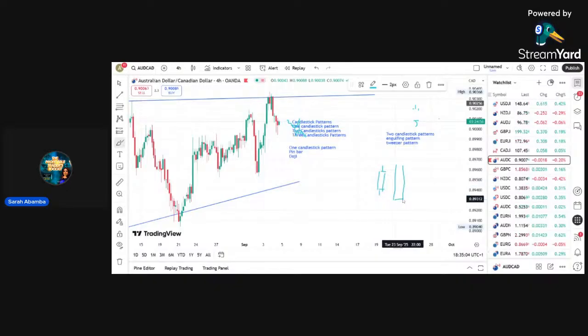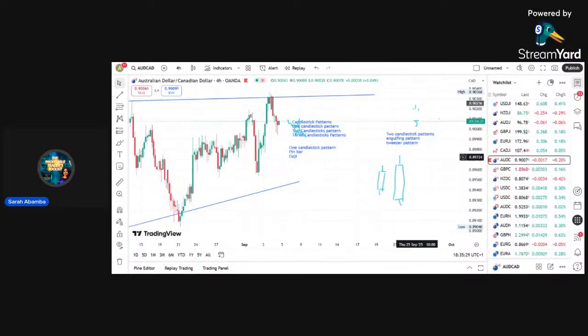So the first candlestick must be a small candle, while the second one must be a bigger candle that totally covers the first candle. Those are the conditions for it to qualify as an engulfing pattern. That is why it's called an engulfing pattern.